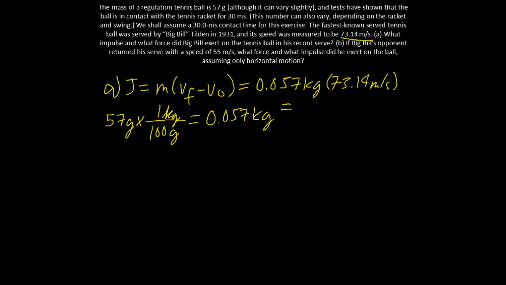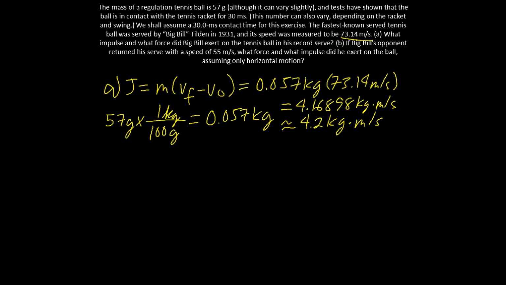So this is equal to 4.16898 kilograms times meters per second. If you're going to express your answer with the least significant digits, it should be 4.2 kilograms times meters per second.